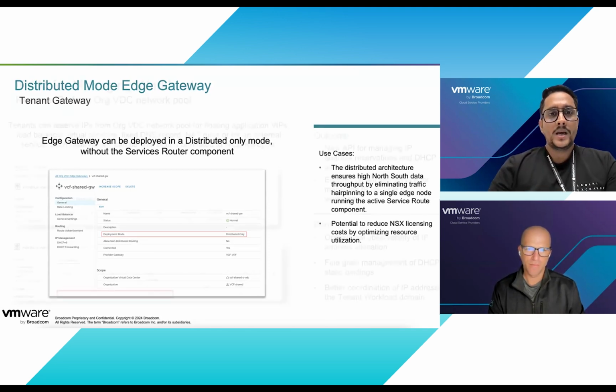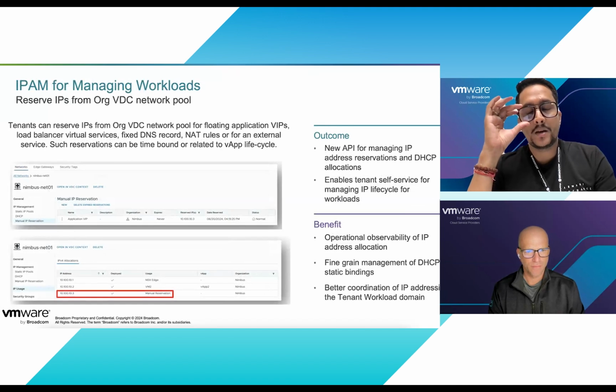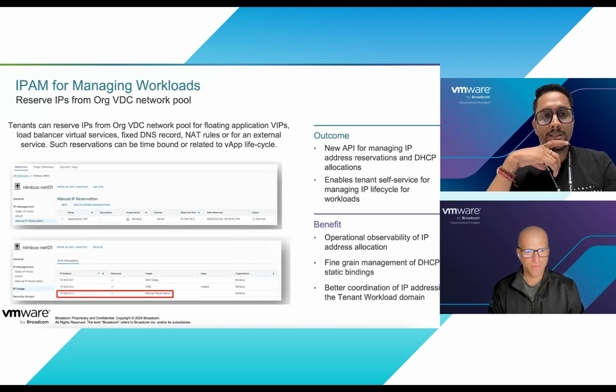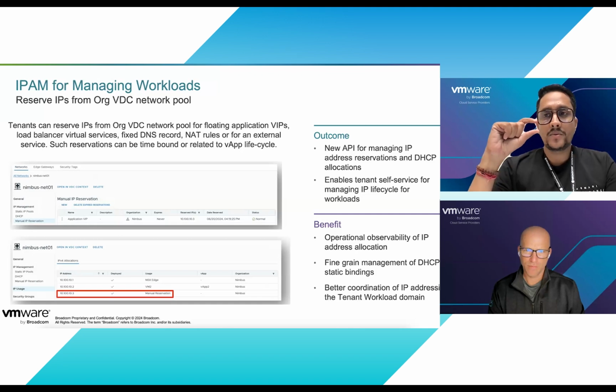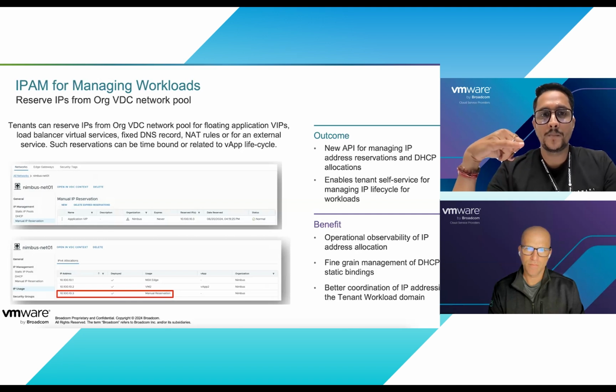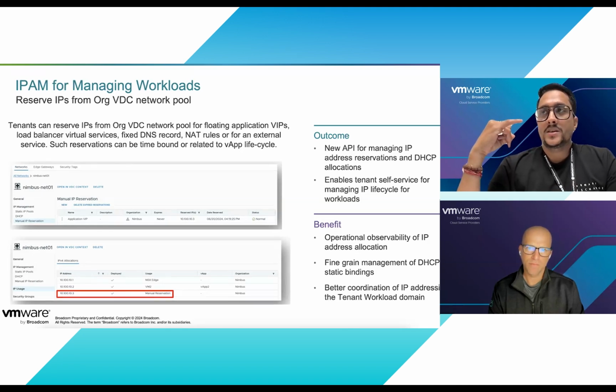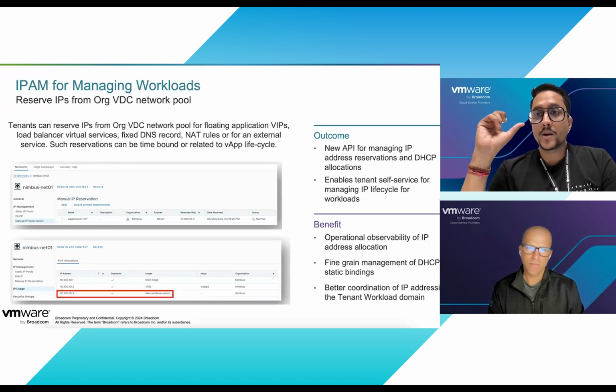All right. And then we have some IP address management improvements, where now, if I remember correctly, we can reserve IP addresses for floating applications. Let's say we have a VIP IP of the load balancer, some fixed DNS record, or some fixed NAT rules.